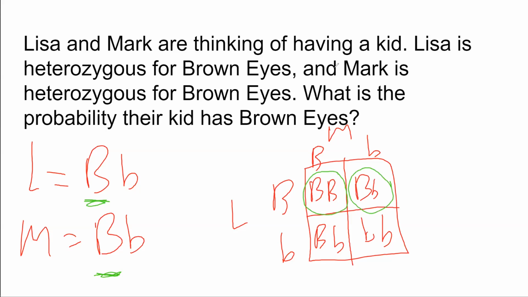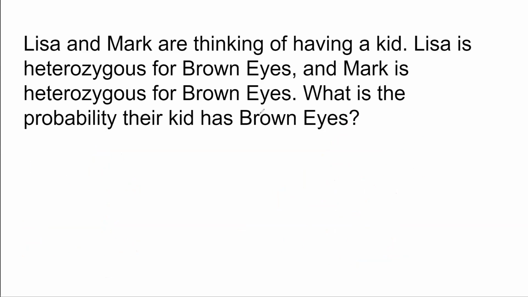This is going to be dominant because it has a dominant allele. And this is going to be dominant because it has a dominant allele. So what is the probability that it is going to be a dominant allele? Well, it's going to be 3 out of 4, because 3 cases work out of 4. So that is how you do that.